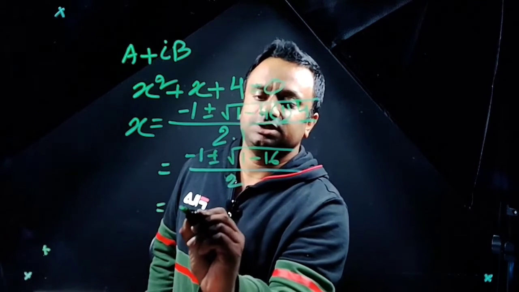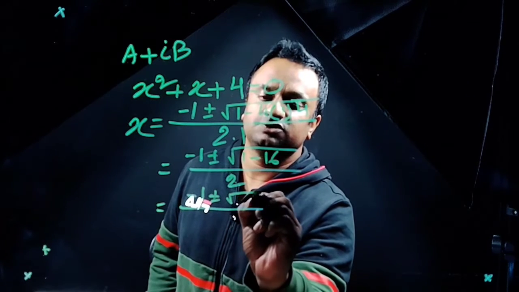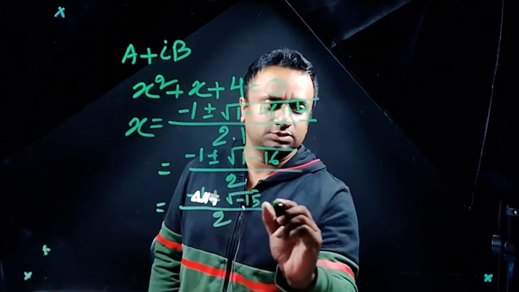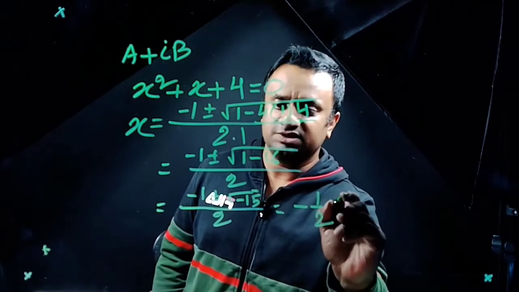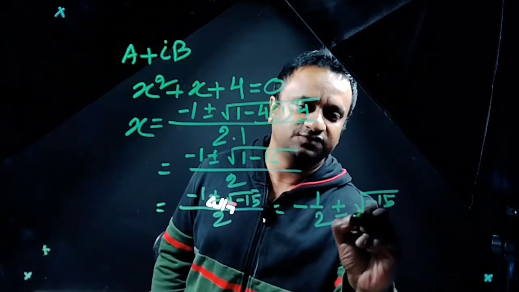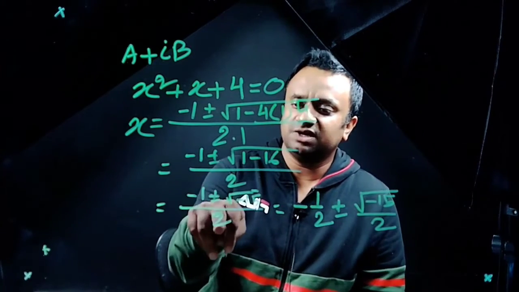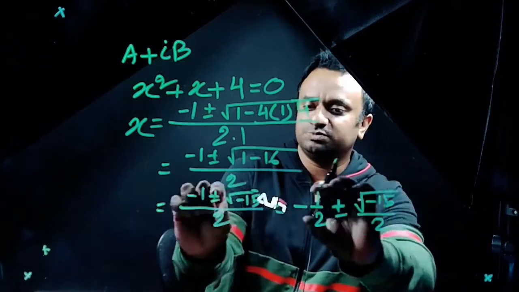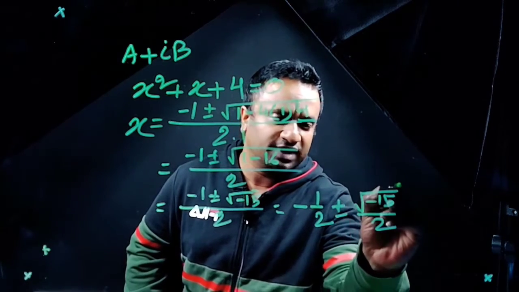We can write it as -1 plus minus the square root of -15, divided by 2. We just split it, so -1 divided by 2 plus minus the square root of -15 divided by 2. So here you see we find a square root of a negative number.